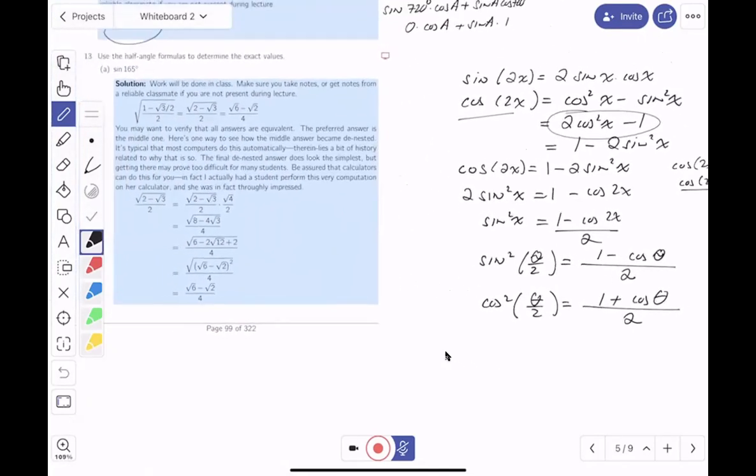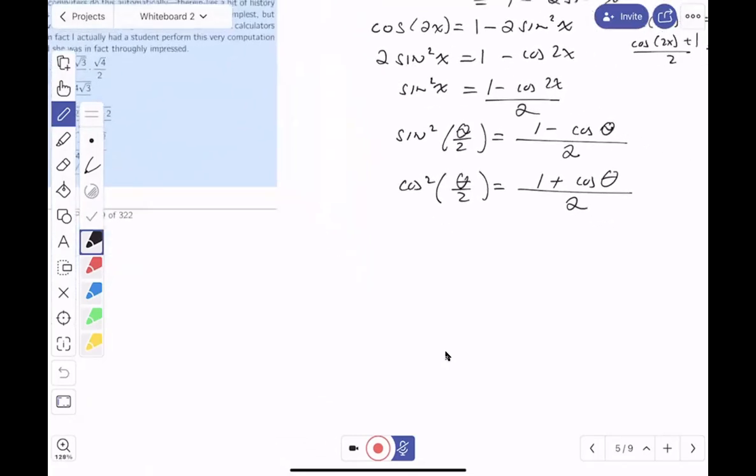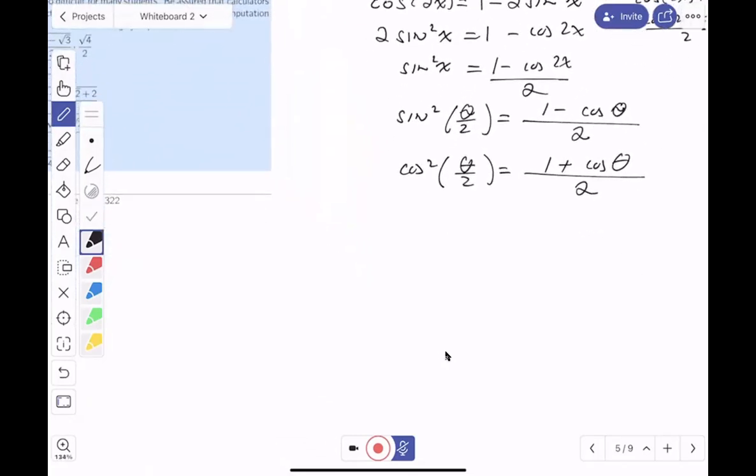All right. So what do they want to do? They want to do sine of 165. I'll put this over here. The sine of 165 degrees. All right. Now I'm going to write down the sine squared. What would theta be if I divide by 2 to get 165?